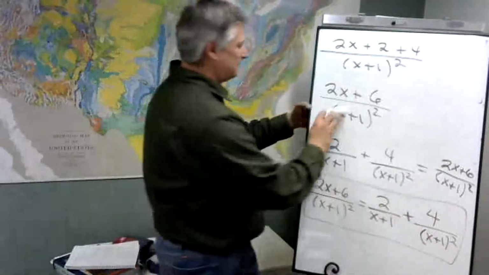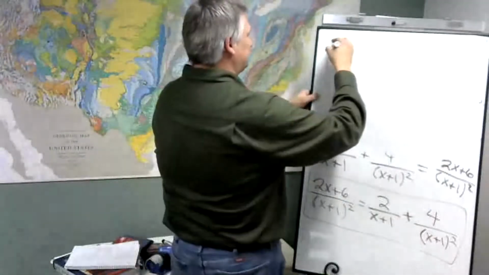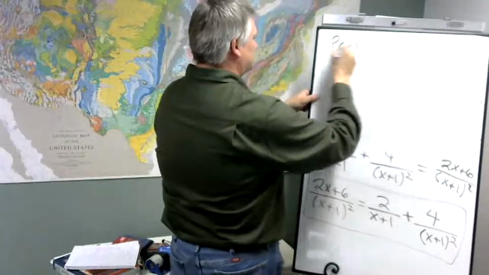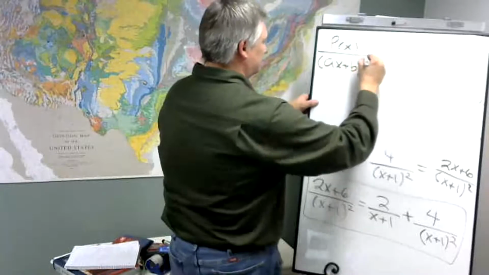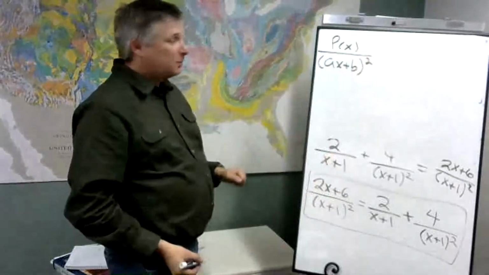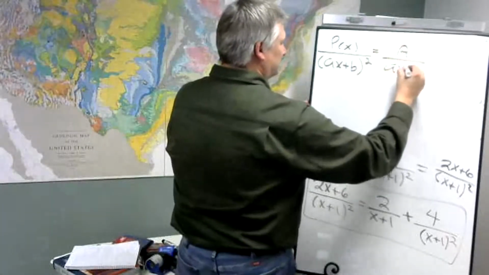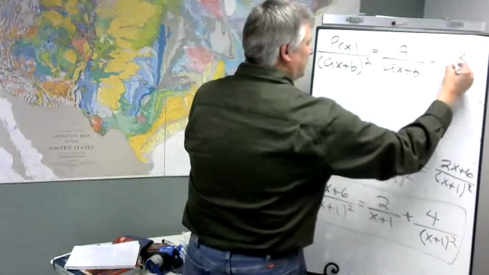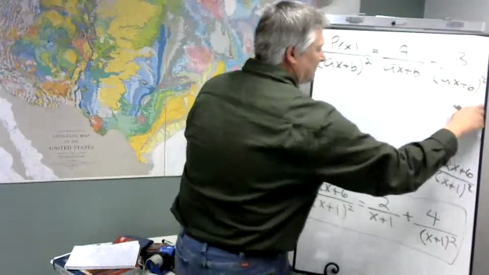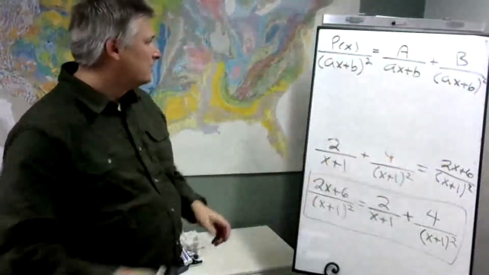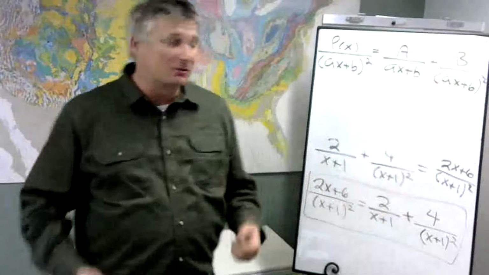So in general, what we have is this. So if we have ax plus b squared, it'll be A plus B. And notice, and this is the part that's maybe not expected, but we might think, well, it's going to be ax plus b and ax plus b, but it isn't.